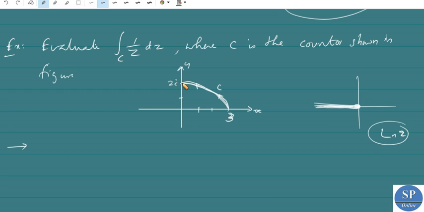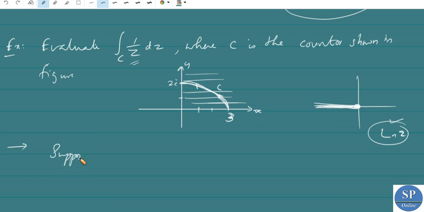So we have to take a region or domain in which ln z and 1 by z are analytic. We can take this region, that means x is greater than 0 and y is greater than 0, where x is the real part of z. So we can define the simply connected region.